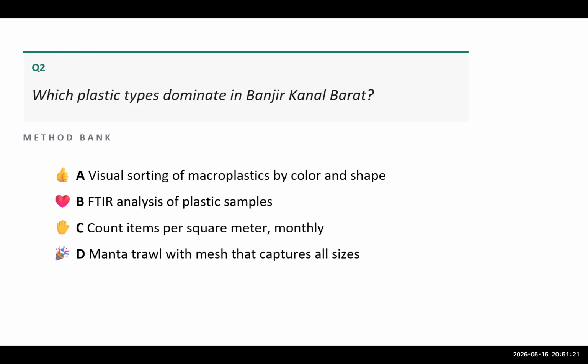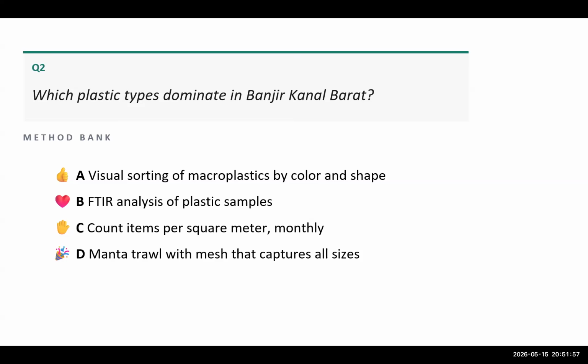And option D is a manta trawl with a mesh that captures all sizes of pollutants. So which one do you think will reflect which plastic type dominates? Visual sorting of microplastics by color or shape, polymer analysis of the plastic samples, counting how many items we have per square meter every month, or using a manta trawl with a mesh.